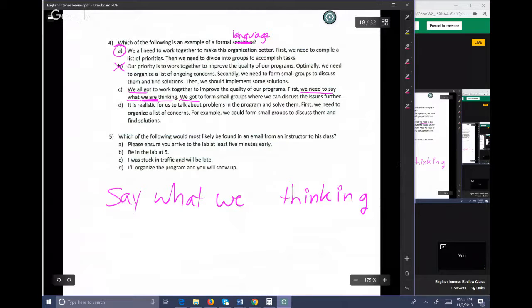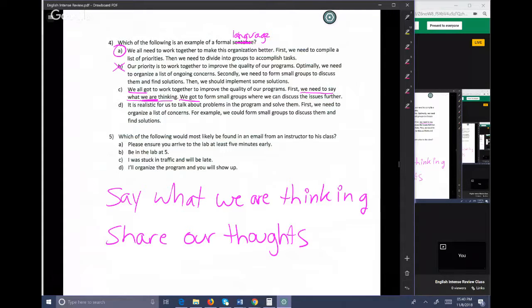They did say we are, so it wasn't instantly recognizable as informal. So there's say what we are thinking, and then a formal version of that, in my opinion, an example that's off the top of my head is something like share our thoughts, or maybe discuss our thoughts.